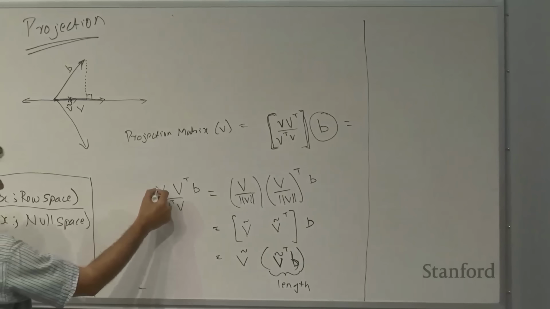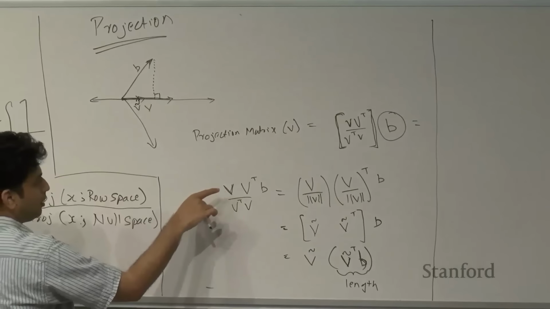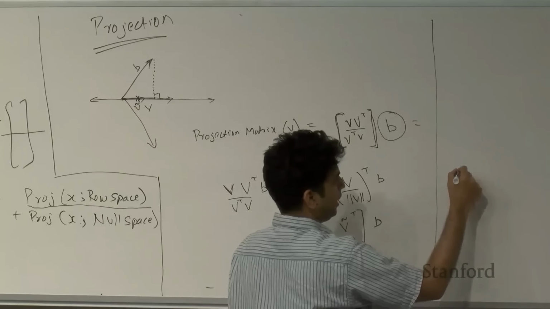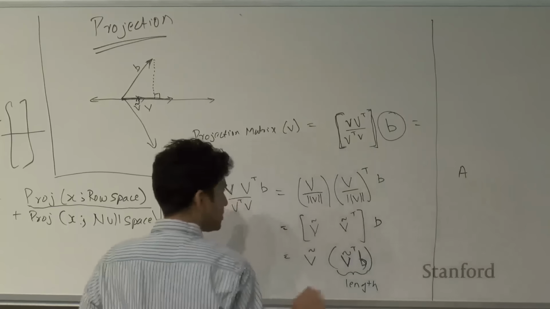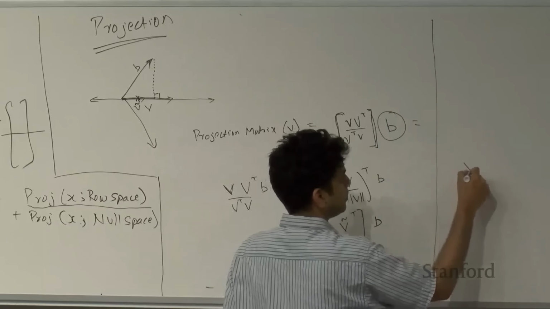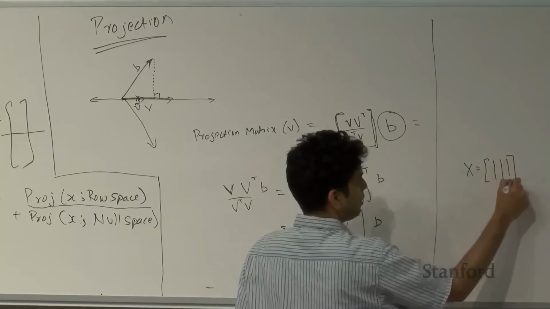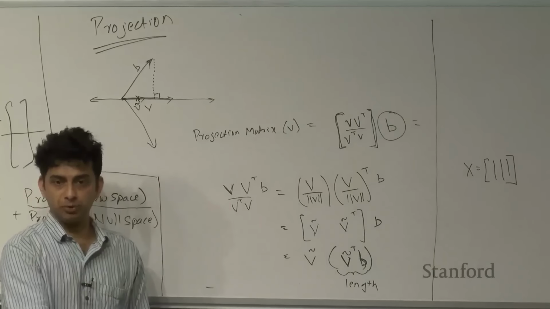In place of V, instead of this being a vector, we will have some matrix X whose columns are vectors which make up the subspace onto which we want to project.